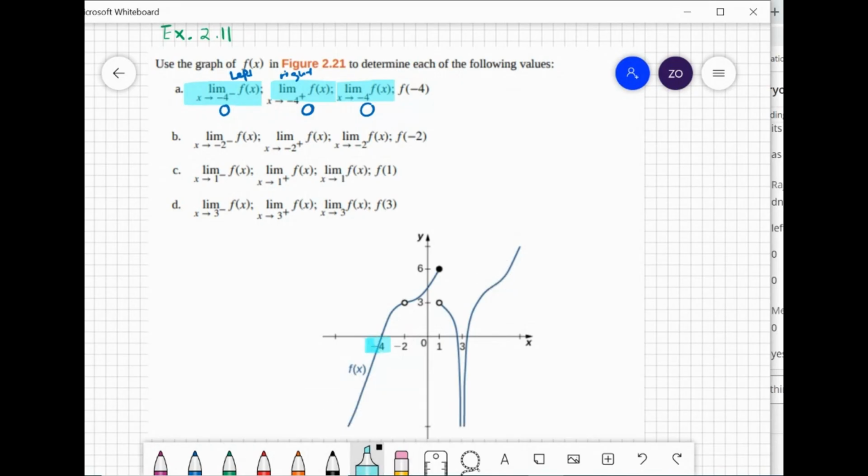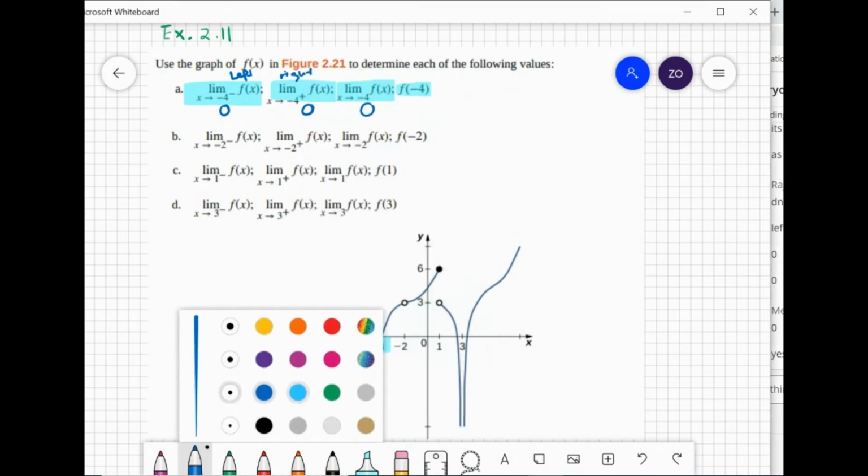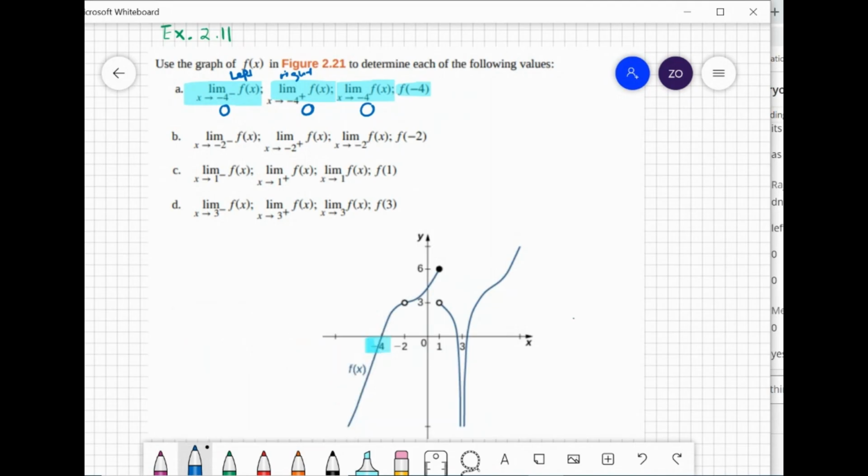So we checked at -4. And how about f of -4? We already answered this question. What is f of -4? The function is defined at -4, right? So the function is defined at -4, which is equal to 0. So for part A, the answers to all the questions are 0.